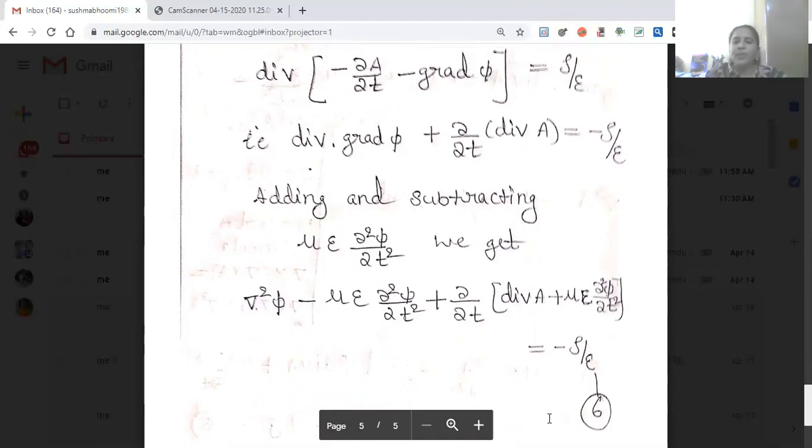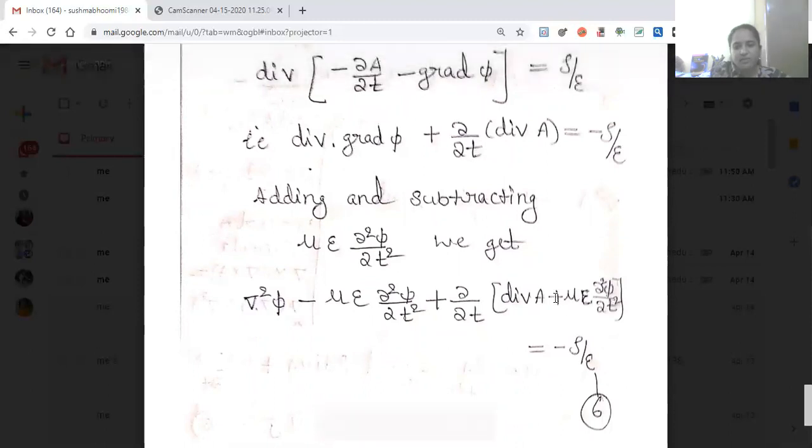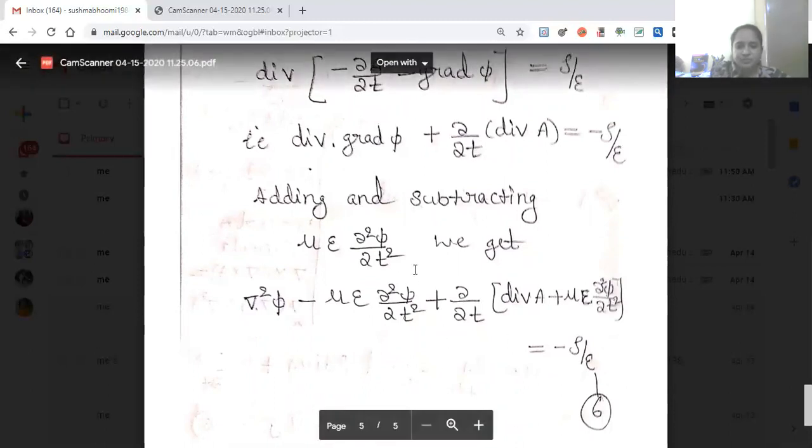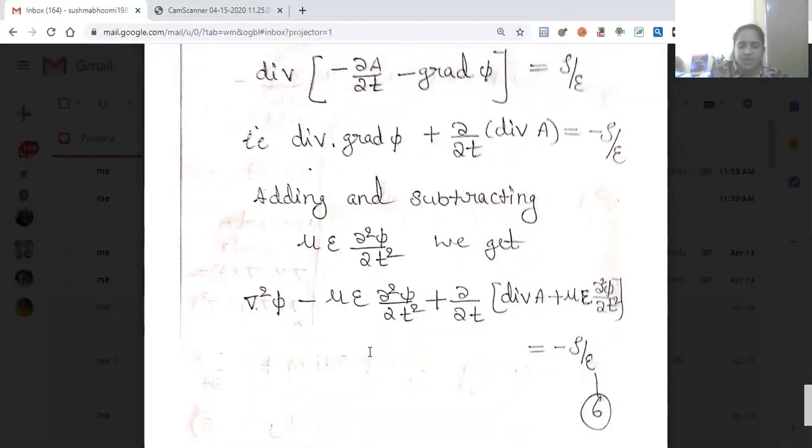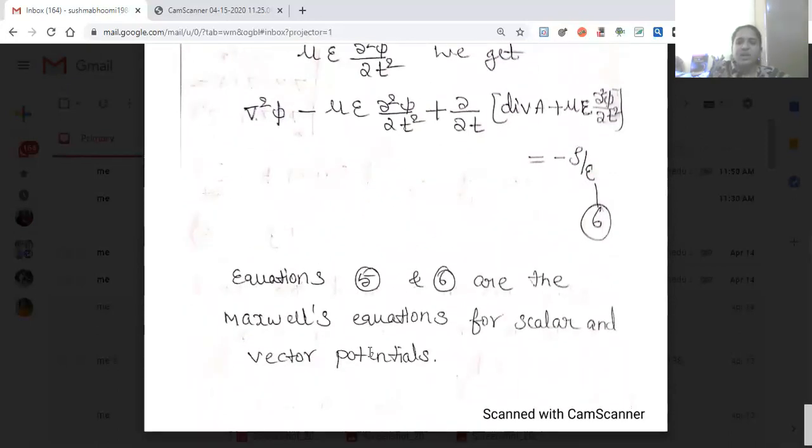Then plus del by del t of divergence of A plus mu epsilon del square by del t square phi. Here we have added. So that is equal to minus rho by epsilon. This side we have subtracted and this side we have added this term in this equation. So this equation we'll call equation number 6.